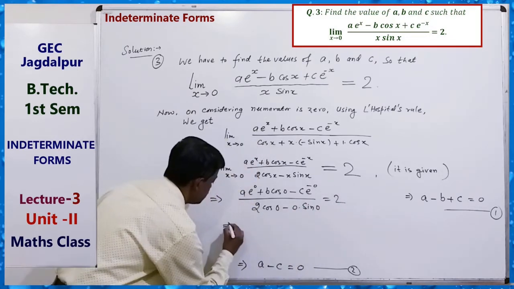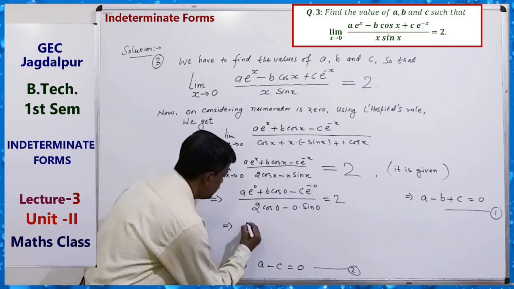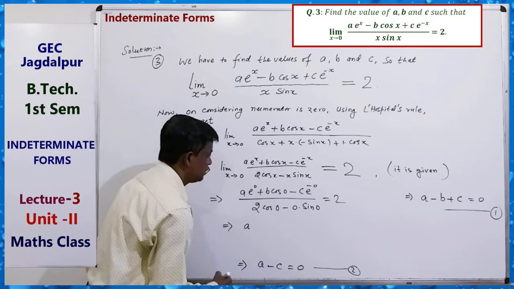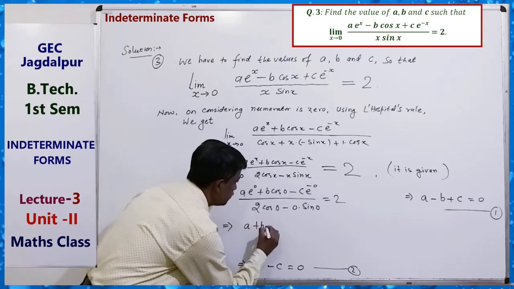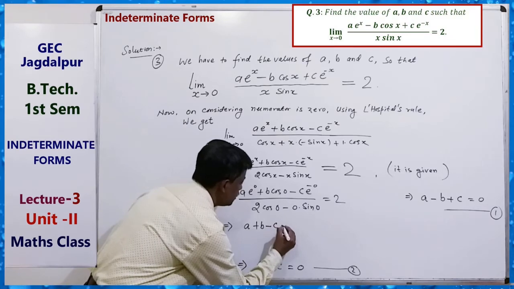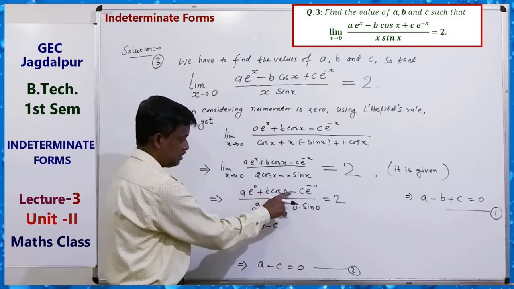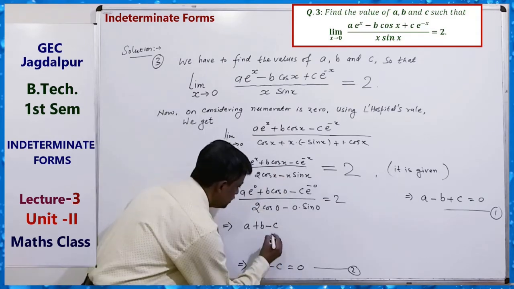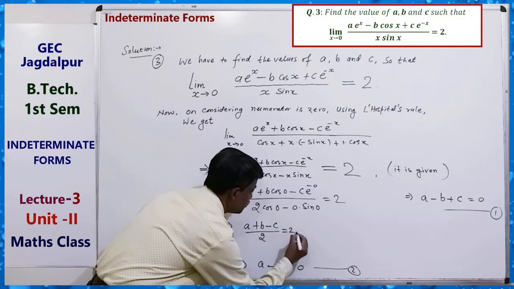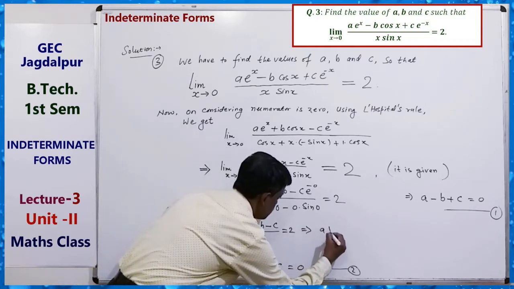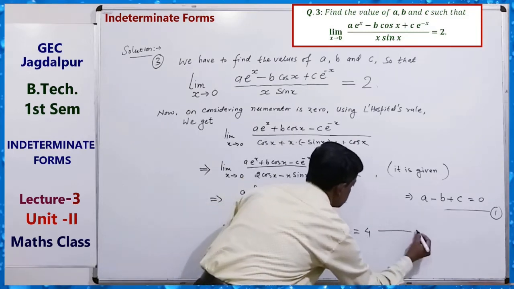Now solving it, we can get a relation also. Here a plus b minus c, by 2, equals to 2. So this implies a plus b minus c equals to 4. So this is equation 3rd.